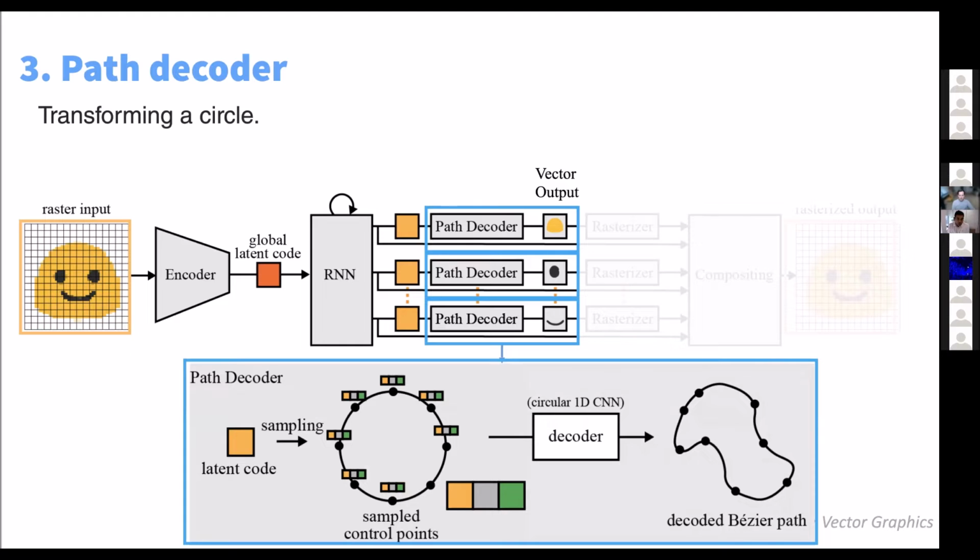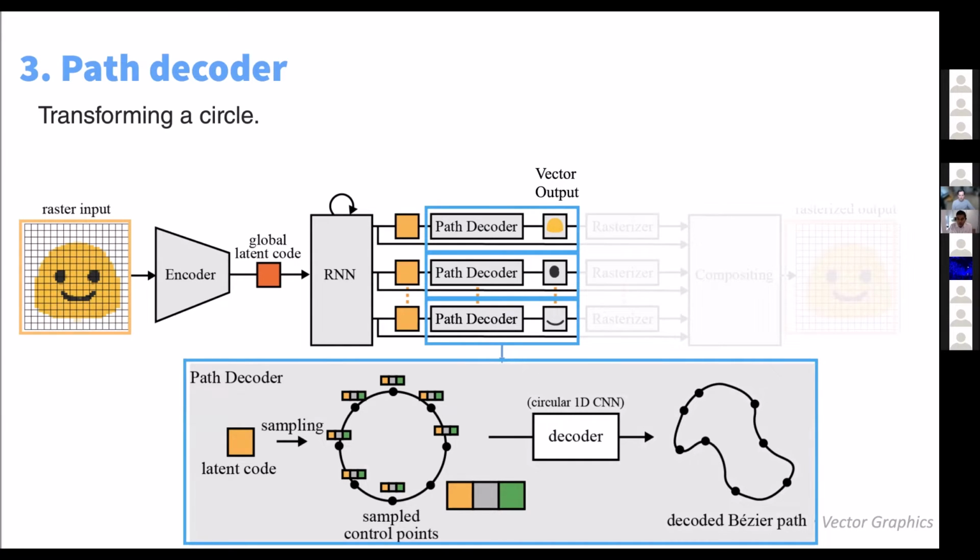Right? So there are a couple of very interesting and important points happening here. One is the order of the points is going to be known, because that's how we sample the points. We would have some extra bits to denote if it's going to be looping back to itself. And the third point is, because it's a closed disk, we propose to use a circular convolution here, so that the neighborhood is kept aware of the ordering.